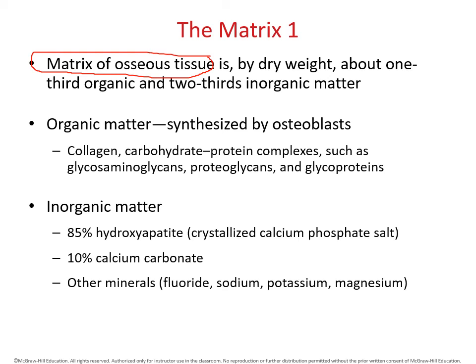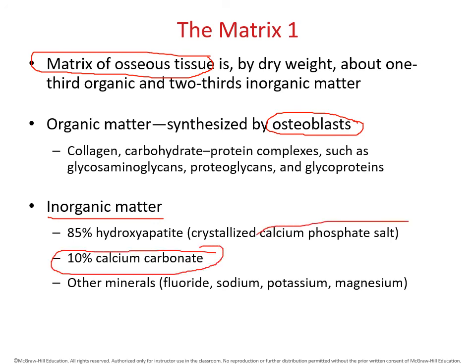It is a combination of organic and inorganic material. The organic material is mostly a mixture of collagen and carbohydrate-protein complexes, and these will all be produced by the osteoblast cells, the bone building cells. Your inorganic material is where your calcium carbonate and your calcium phosphate salts come into play.